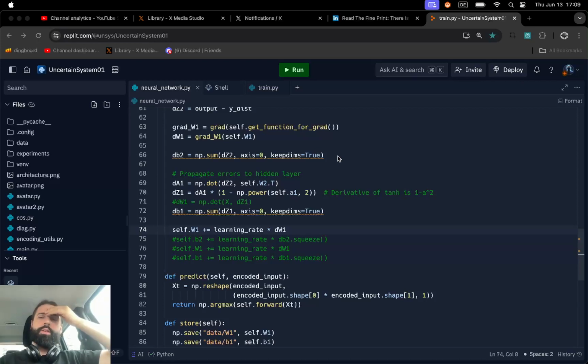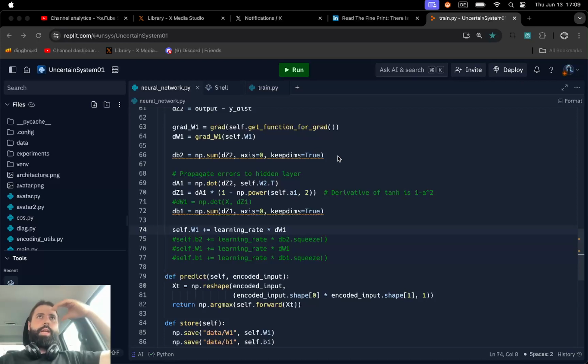But again, let's remember. What I tried last time was to define the objective function for just W1 and not W2, right? But it's exactly the same problem.